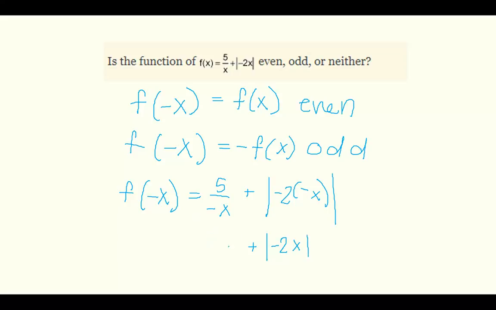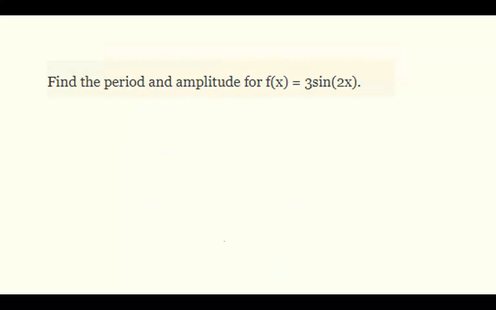But my first term actually turns into the opposite of the original, because that negative becomes -5x, or 5 divided by x. So this part would be opposite, or we could say odd, and this part would be even. Therefore, it would be neither even nor odd.